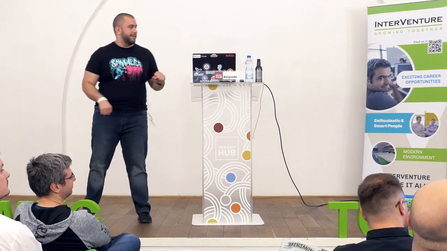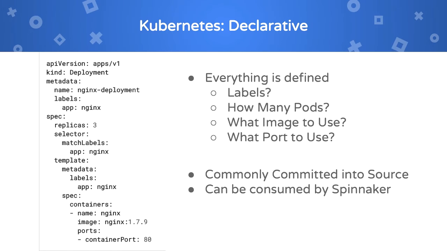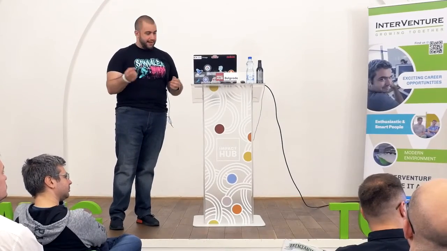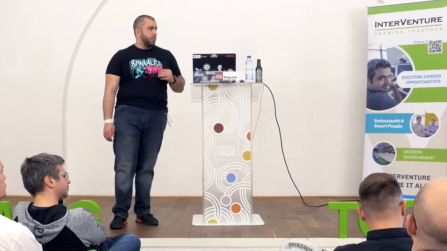So what I mean by declarative, nothing can go into Kubernetes unless it's defined, right? What labels do you want? Labels are just metadata. So what's in there, the name of the application, what version is it. How many pods? I want 3 replicas of it. So every time I deploy, I want 3 servers to handle traffic. What container image?